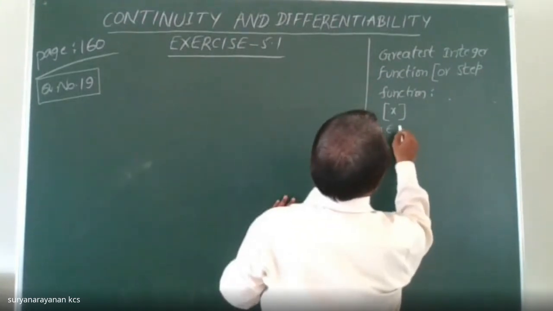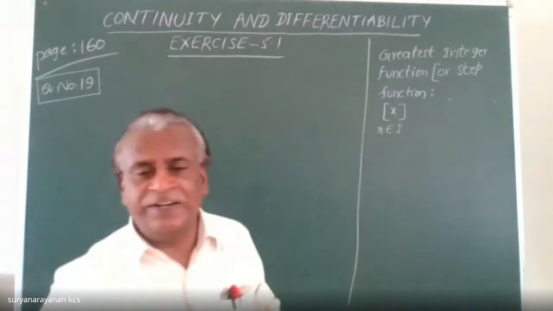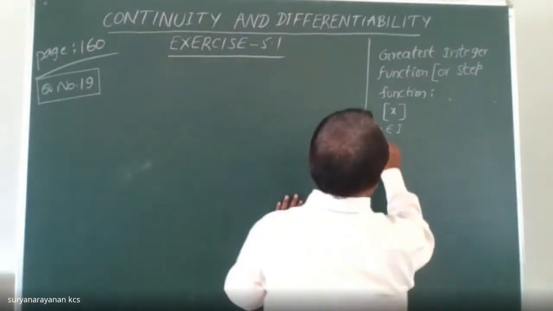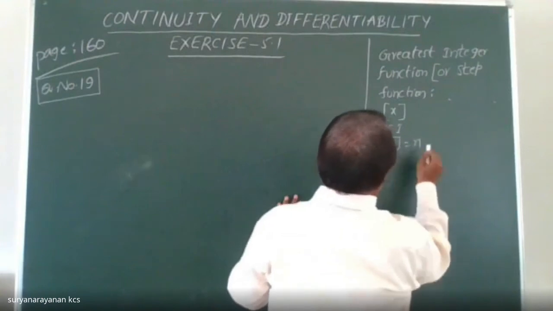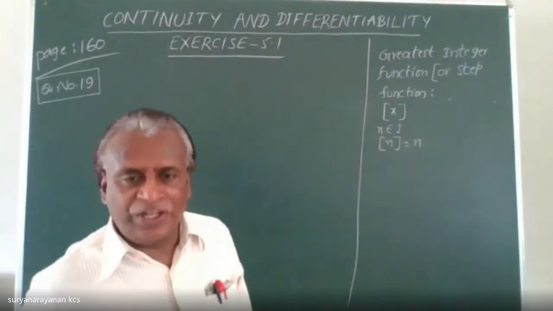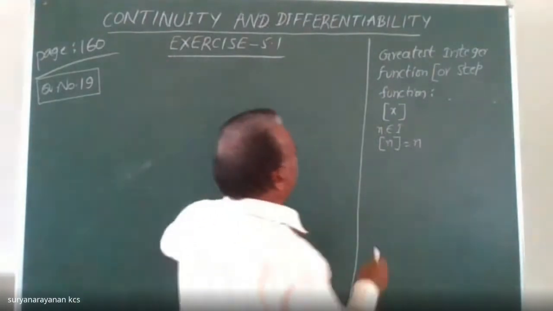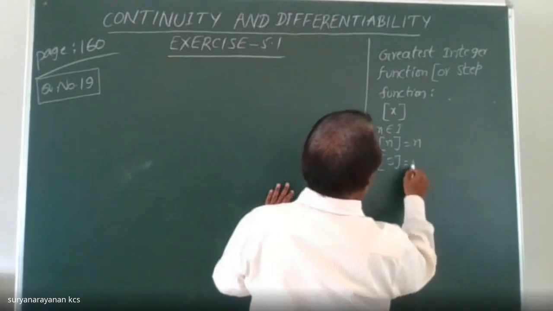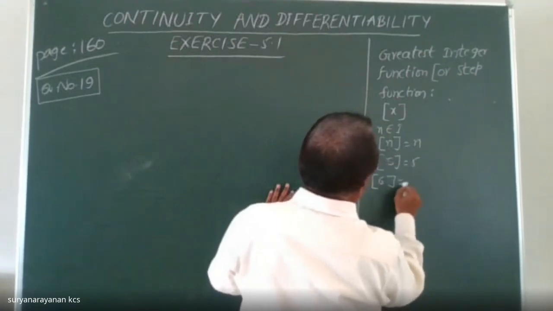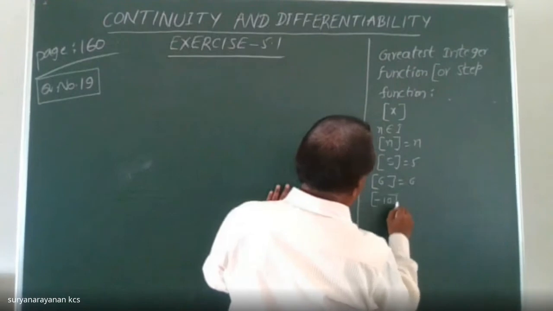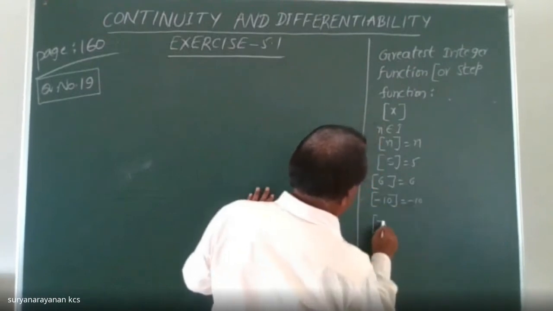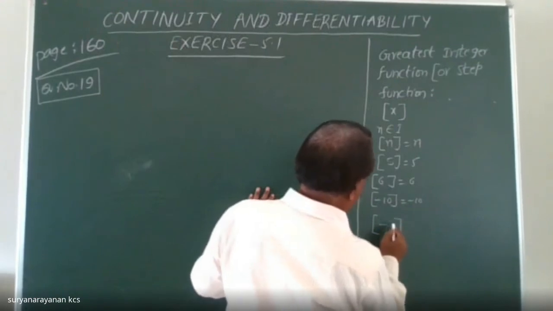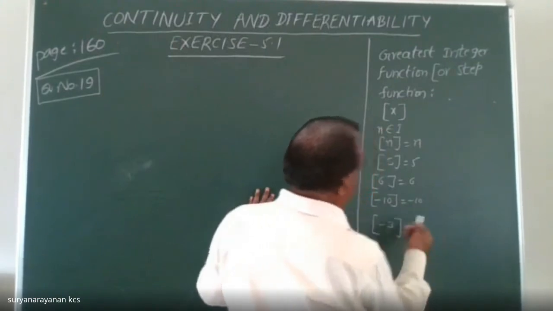suppose n is an integer. n belongs to I means n is an integer. Then step n value is n only. Suppose step 5 is 5, step 6 is 6, step minus 10 is minus 10, step minus 3 is minus 3.